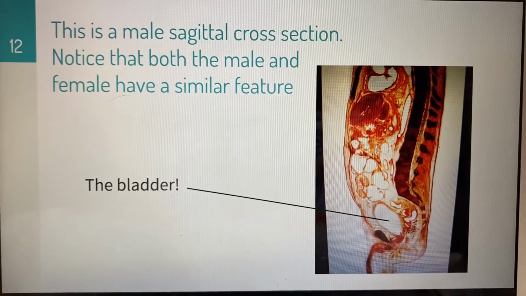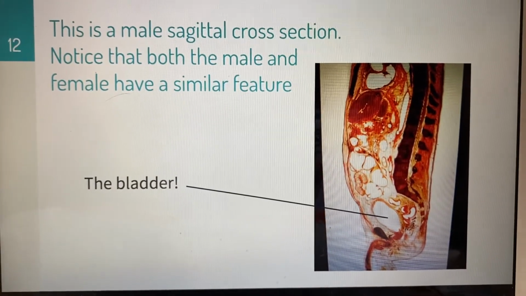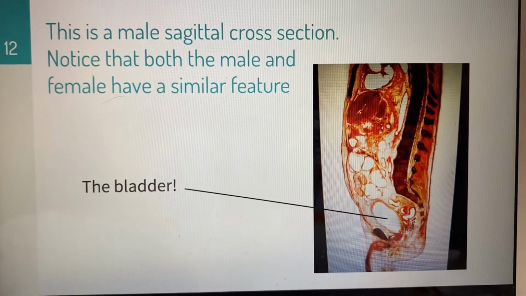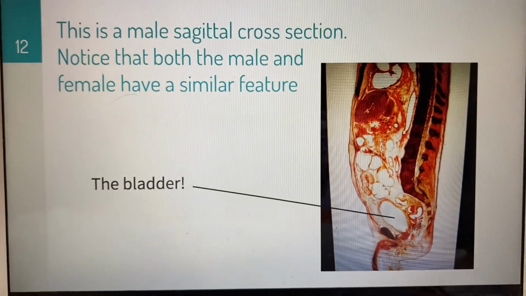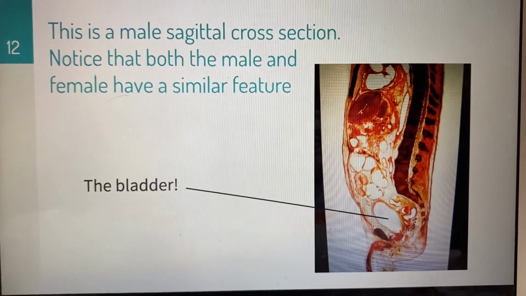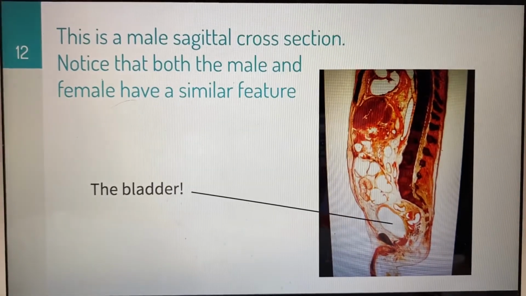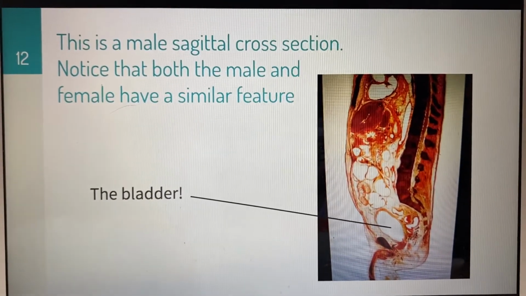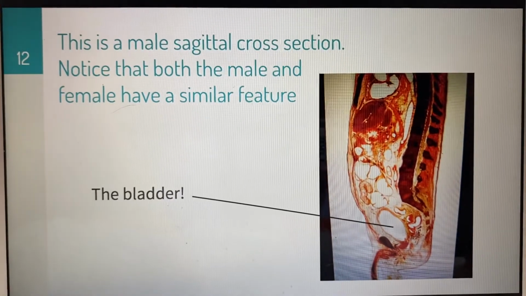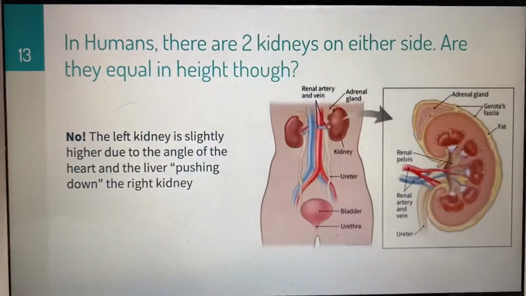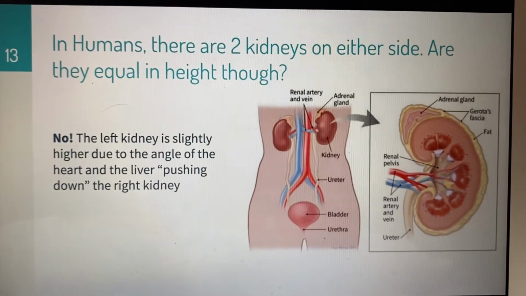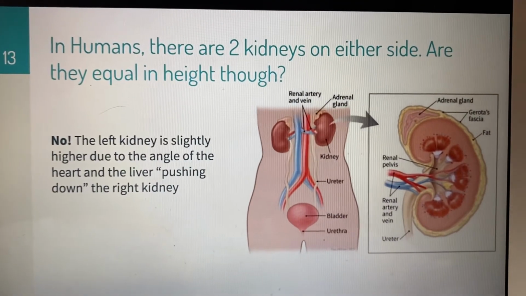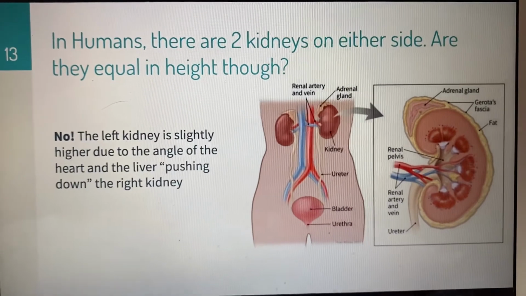Then we have a male sagittal cross-section. So again, from the side, you're splitting it down the middle between left and right. And as I just covered, the bladder is the same in both, and you can tell because of how it looks. So next, humans have 2 kidneys on either side, and no, they are not equal in height.